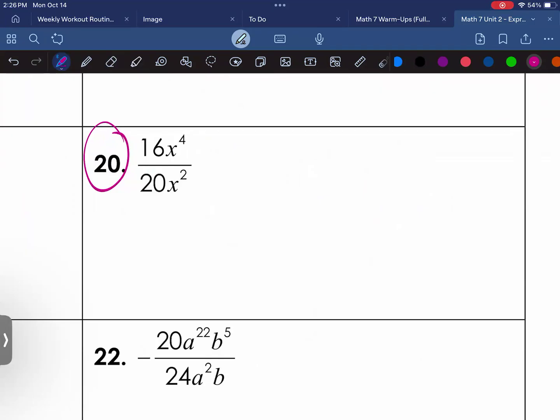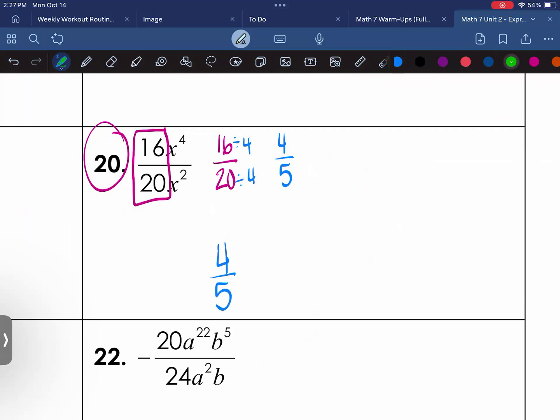All right, number 20, again, we can't divide here without getting a decimal, so we are just going to simplify this fraction. We can divide both of these by 4. That would be the largest number that I can divide them by, right? So this would be 4/5.